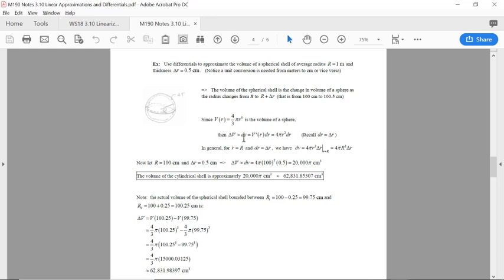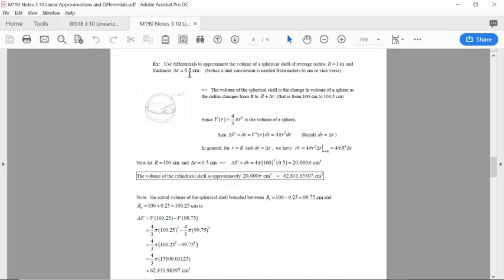Okay, so now we have dV, and again, dV is an approximation for delta V. So we can find out what delta V is by plugging in an estimate for r and for dr. The estimate for r was 100 centimeters. And the estimate for dr, well, recall that dr and delta r, dx and delta x, those are the same as each other.